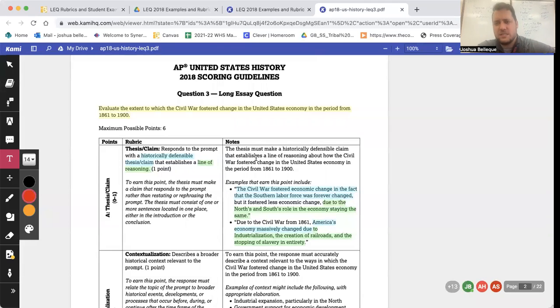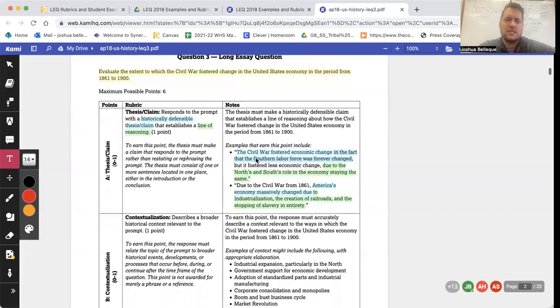The rubric is very similar to the DBQ in a lot of ways. The first part is the thesis and the claim. Make sure that you have a historically defensible thesis or claim with a line of reasoning. Here we have two examples. The Civil War fostered economic change in that the Southern labor force was forever changed. There's the claim.